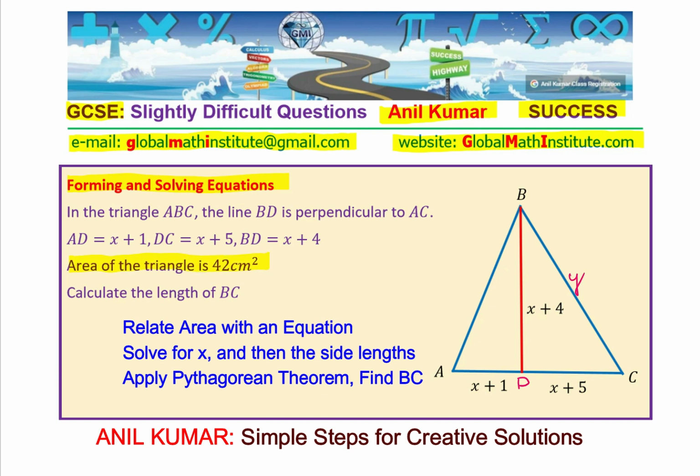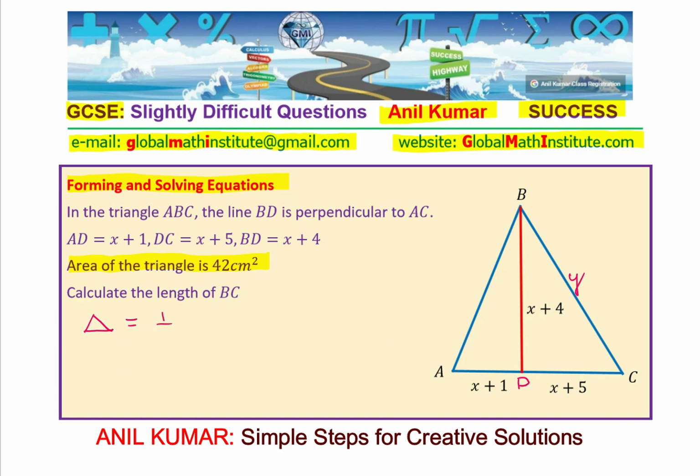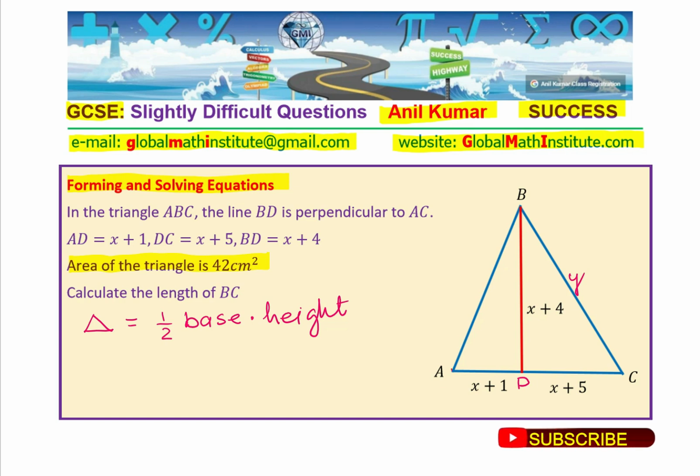The formula for the area of a triangle is half base into height. I prefer to use the dot in between for the multiplication sign. Now in this case, the base is AC, so it will be half of AC times the height, which is BD.